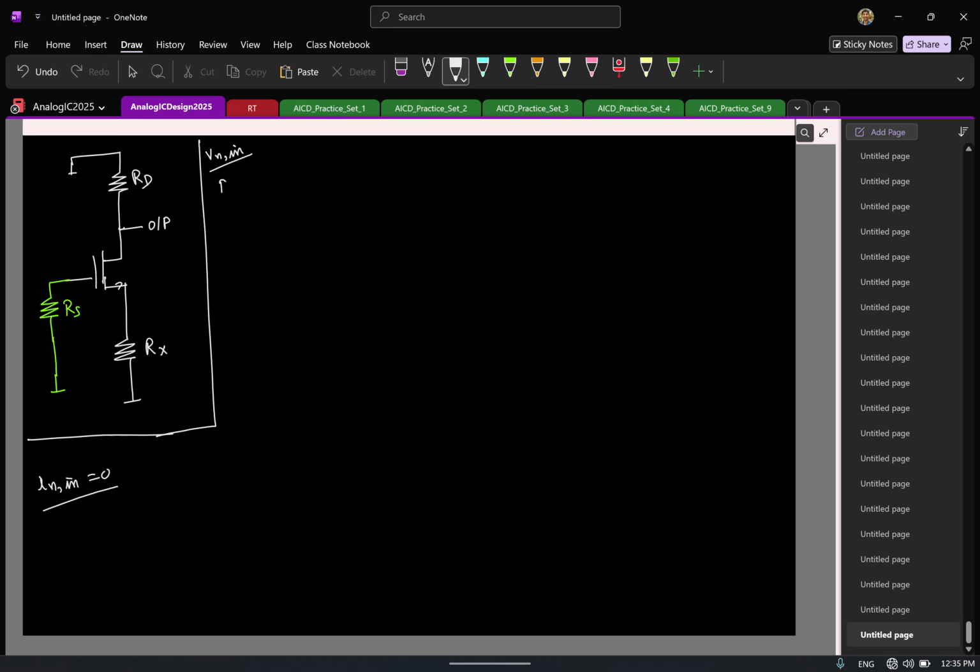So what is the value of RS I'll use? If I redraw this, I have the same thing. The input side is completely grounded. So we'll have RD, RX. How many noise sources are here now? 3 of them.